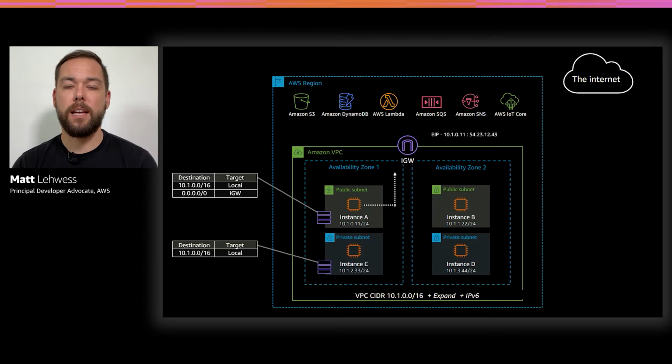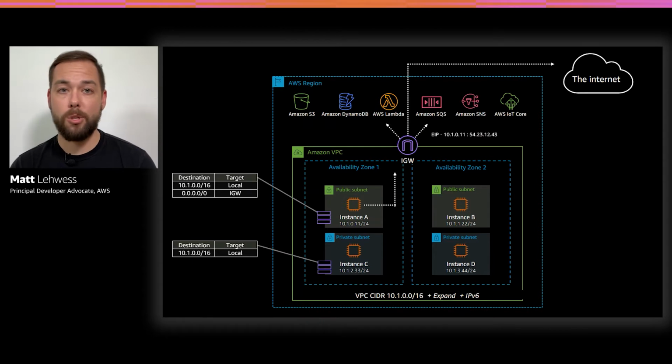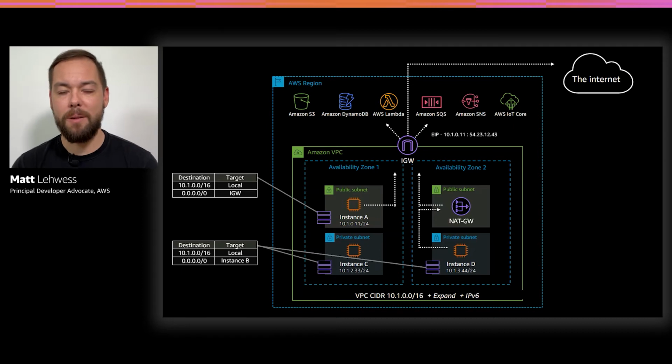Then we have things like an Elastic IP, which allows the instance to talk with the public internet or public services. We might be using things like a NAT instance or potentially NAT gateway, hopefully. NAT instances don't scale that great because they're just a single instance doing NAT, but NAT gateway is actually amazing for doing large-scale NAT.